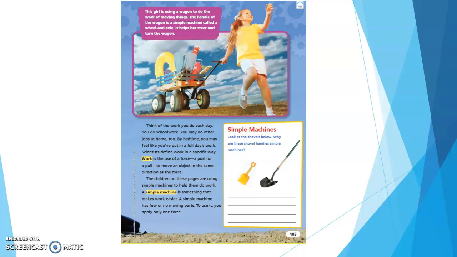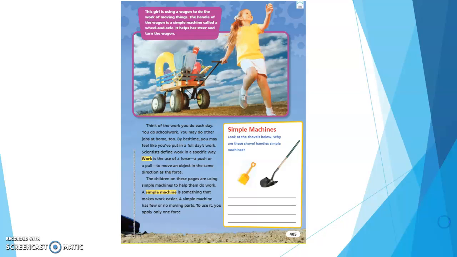Page 405. This girl is using a wagon to do the work of moving things. The handle of the wagon is a simple machine called a wheel and axle. It helps her steer and turn the wagon. Think of the work you do each day.